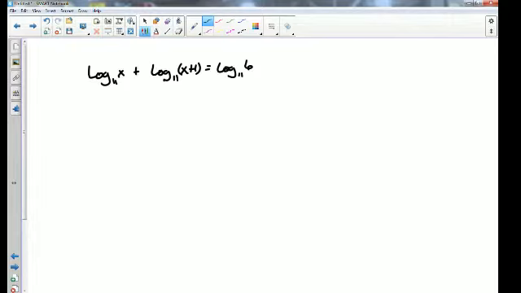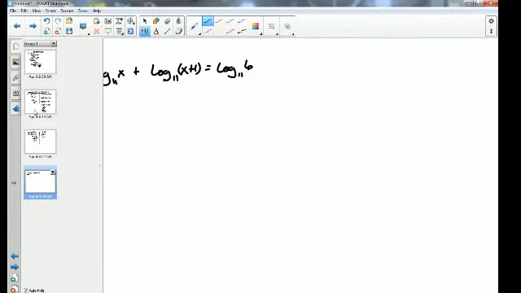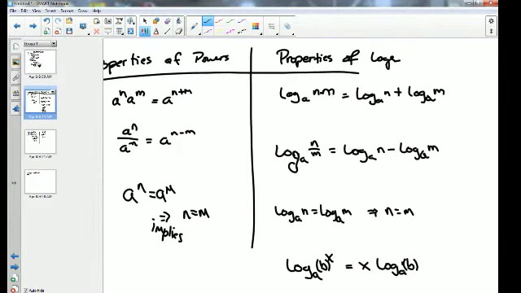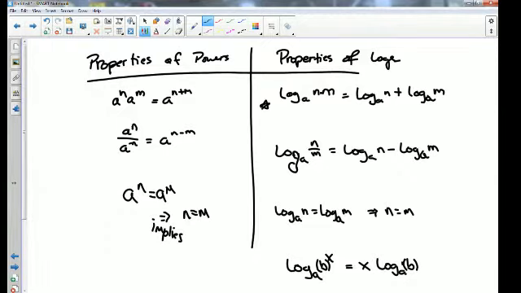But what can I do with these two? Do they have the same base? No. So we're going to use that property right there. See, they're added, same base. We're going to put them together and multiply. Okay?